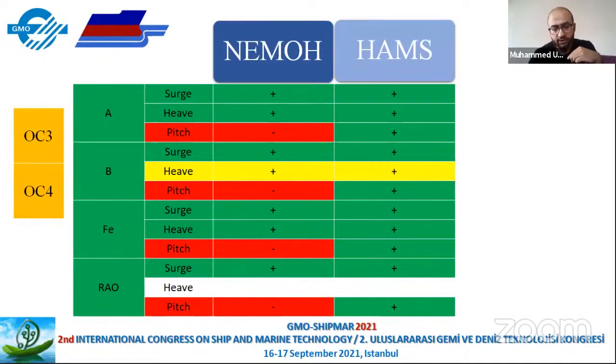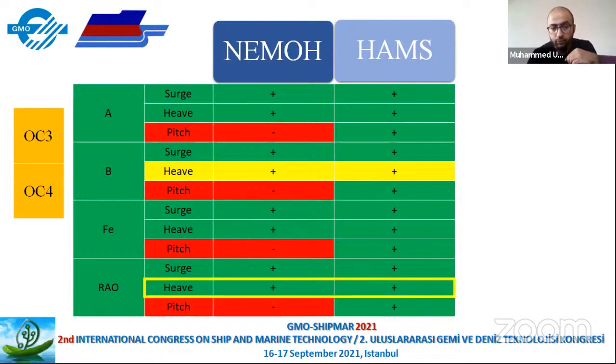Let's talk about the radiation damping in the heave axis. Here, the benchmark of 5% difference in normalized root mean squared error was not achieved, but it was acceptable: more than 5%, but less than 15%. For the response amplitude operator, however, the real response was not affected by the radiation damping that much.